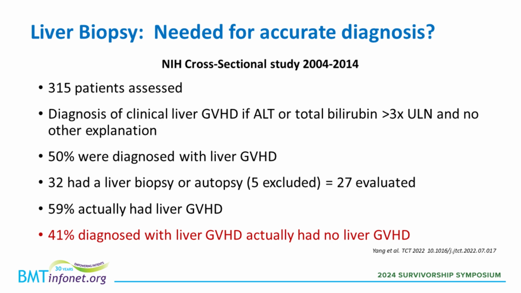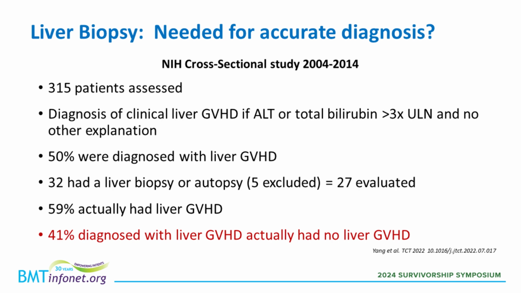And so from that information, only 60% of those samples were actually liver GVHD. So unfortunately, there's not a lot of tissue to be able to look at, but even from the ones they did have, when they were diagnosed with liver GVHD just based off of labs, only 60% of them actually were liver GVHD. So 41% of these samples had no liver GVHD.